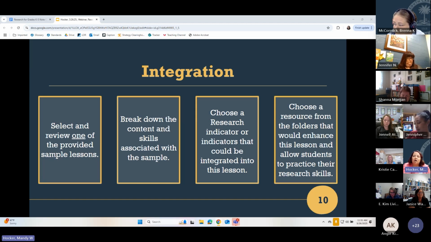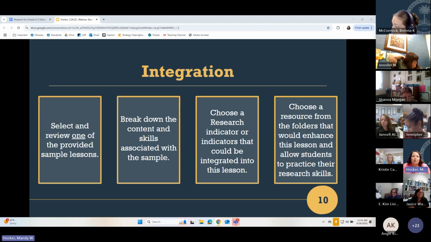All of these are some type of research lesson from instructional materials. As you review that lesson, we want you to identify what skills and content are being addressed in that lesson. Do you see any connection to any indicators for research embedded into that lesson? Take a good look at what they are expecting students to do.